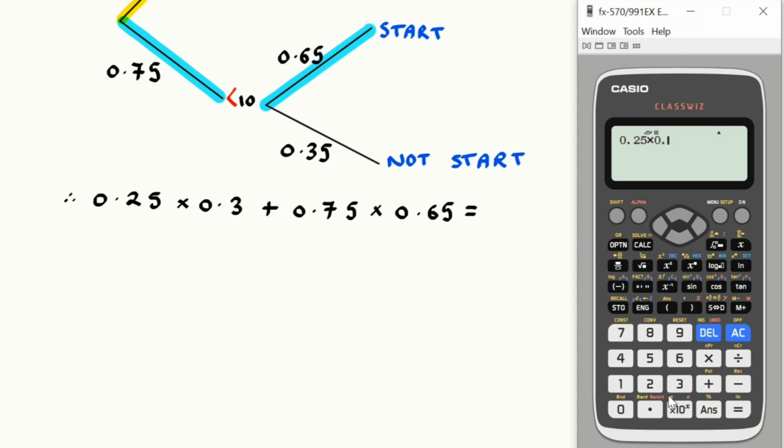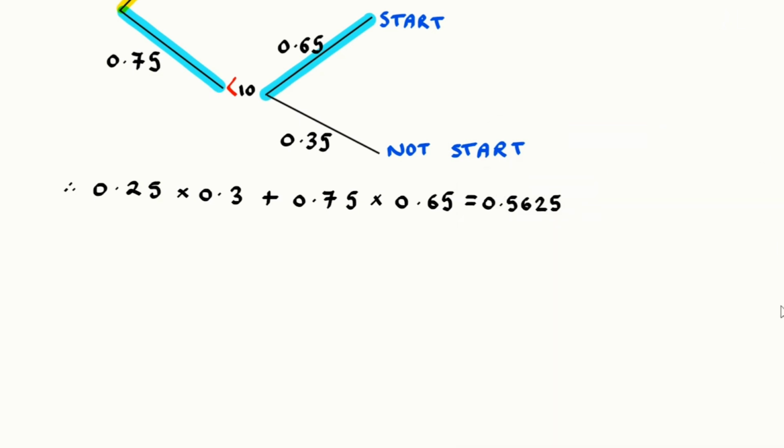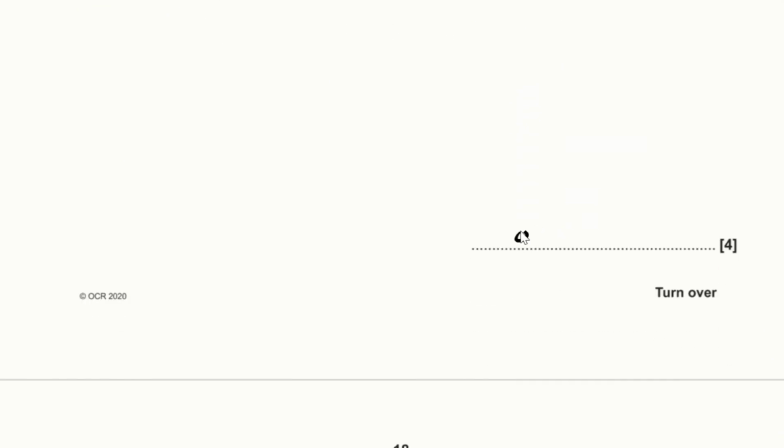So if I calculate this, we get 9/16, which is 0.5625.